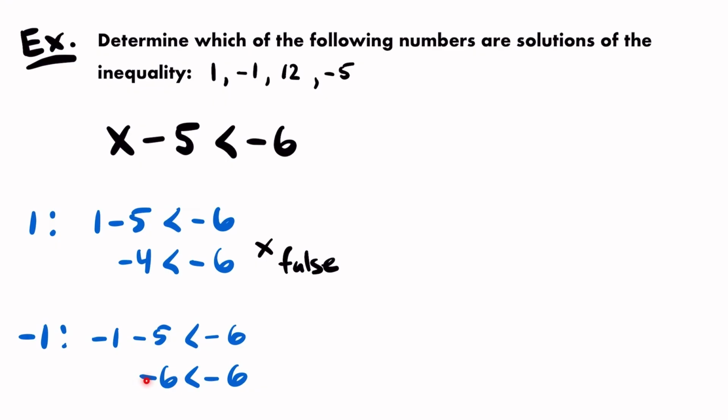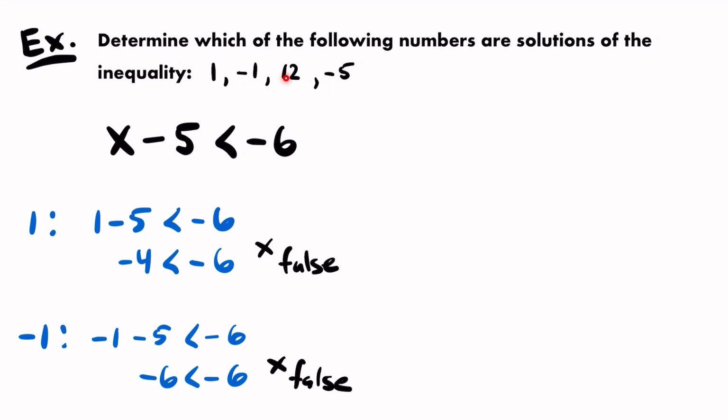This statement says that -6 is less than -6, but -6 is not less than -6, it's equal. Because this is not an equal sign, and it's also not a less than or equal to sign, this is a false statement as well. So -1 would also not be included in the solution set for this inequality. It does not make it true.